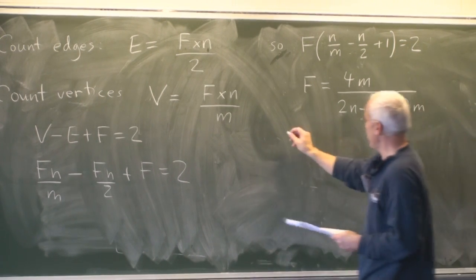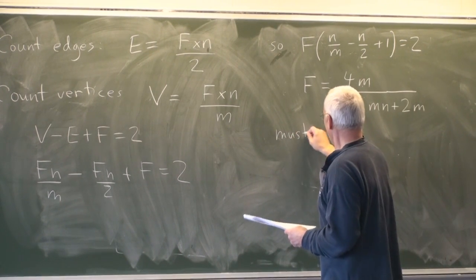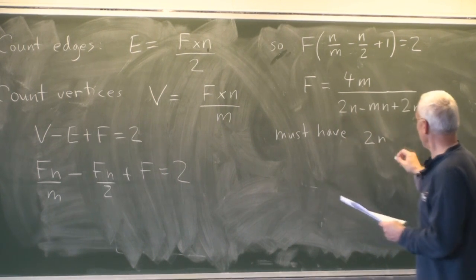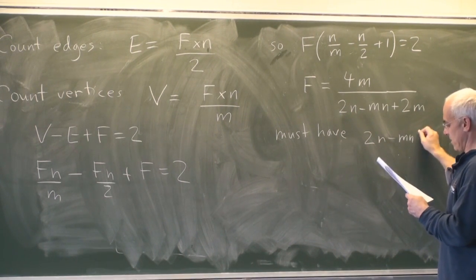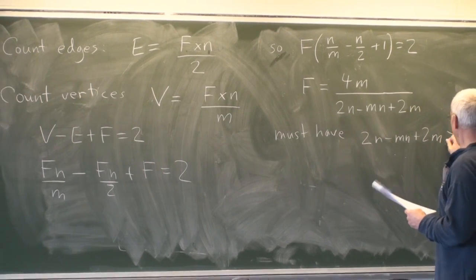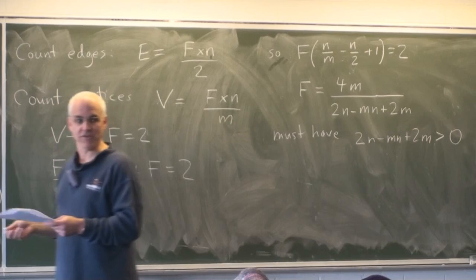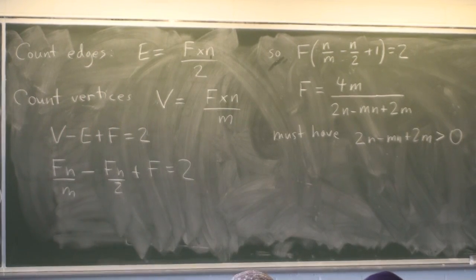So I'm just taking a common denominator here and then rearranging to solve for f. And so we conclude that the denominator here, 2n minus mn plus 2m, had better be bigger than 0, because we do want a positive number of faces, certainly.